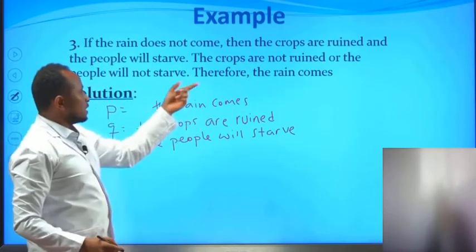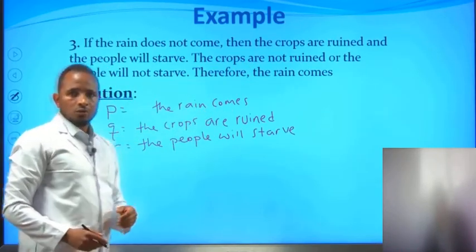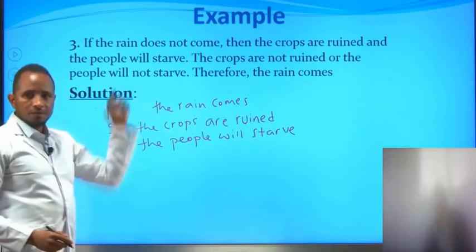The people will not starve, therefore the rain comes. So we have given a symbol for each statement.